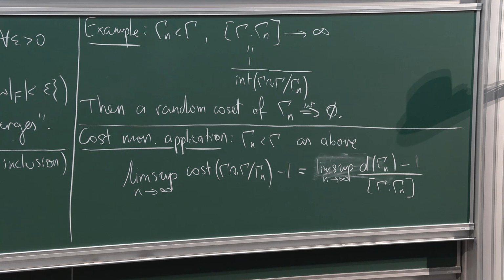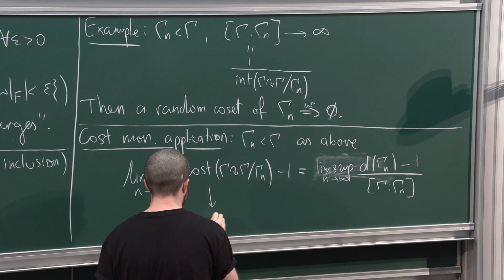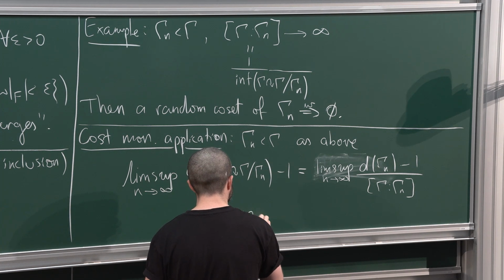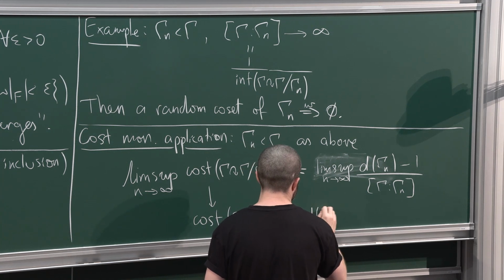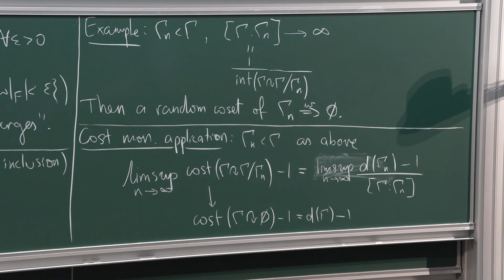Okay, the theorem tells us that this converges to the cost of the limit, which is gamma acting on the empty process, minus 1, which is the rank of gamma, minus 1. Okay, so it appears that the theorem is useless. And I want to reassure you that the only thing which is wrong here is in how we've chosen to apply it. Okay, so there is an alternative construction that I'll explain at the end.